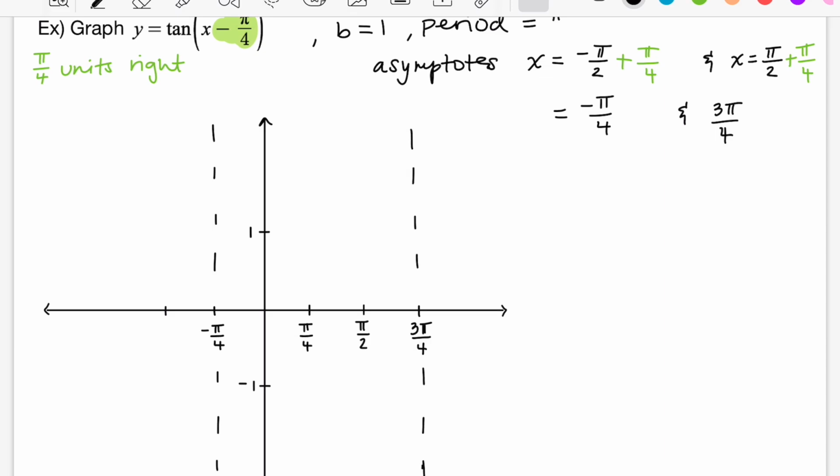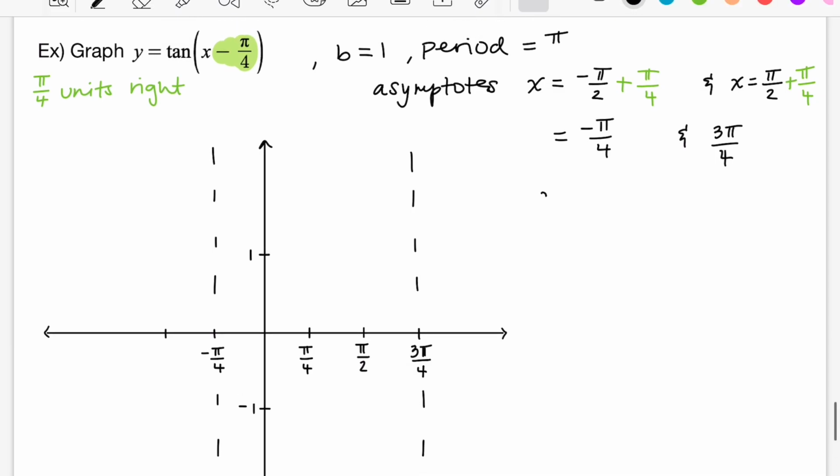Now again, we want to break this interval up into 4 equal parts, so that's what we have here. And then now we're going to want to evaluate our function at these points here. So first we'll evaluate this at pi over 4. Doing so, we'll get tangent of pi over 4 minus pi over 4.